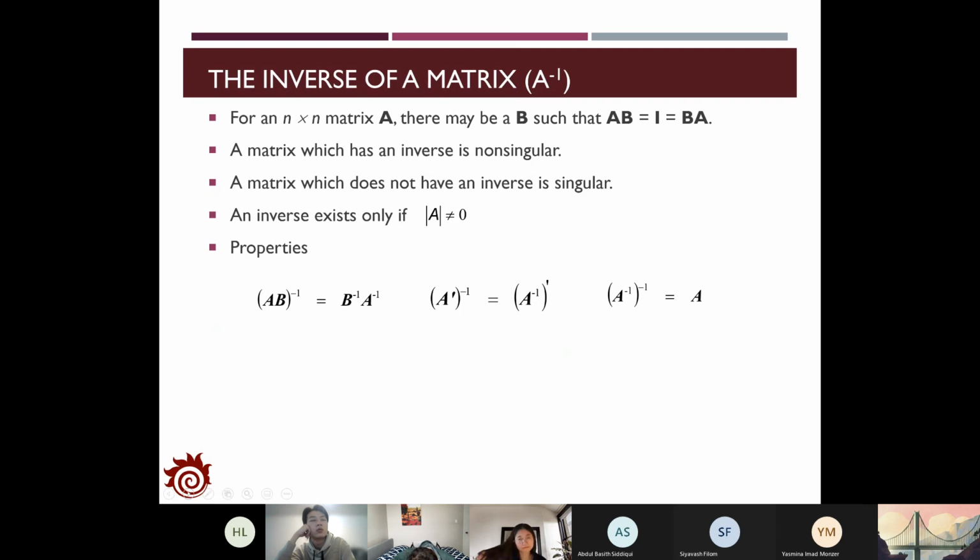The last piece of the matrix background is the inverse of the matrix.